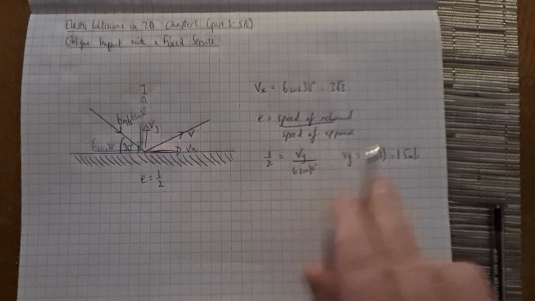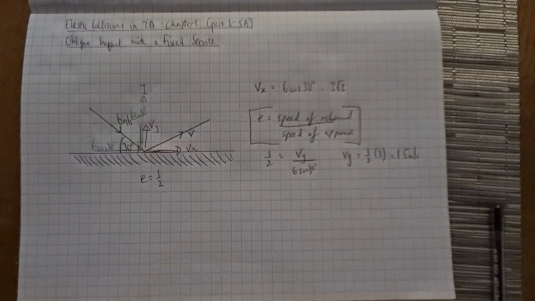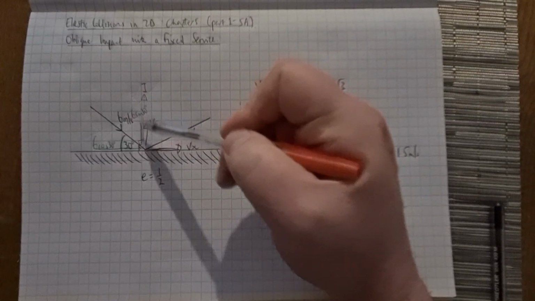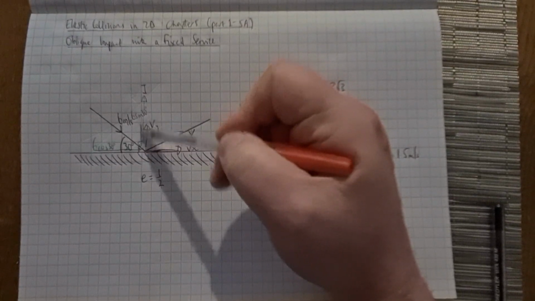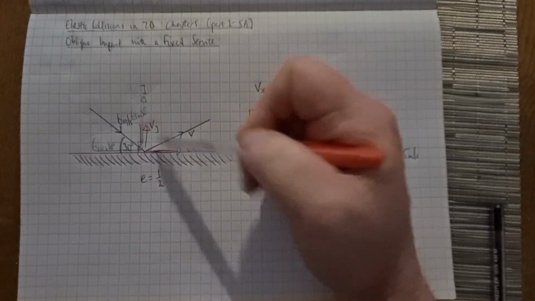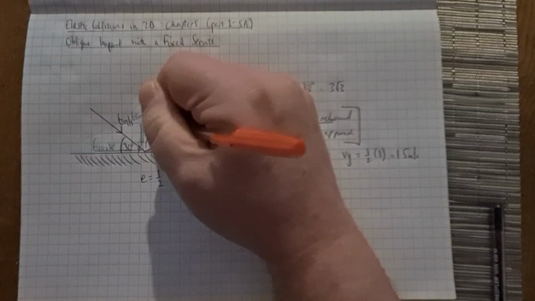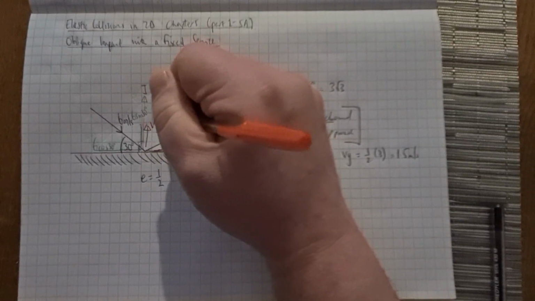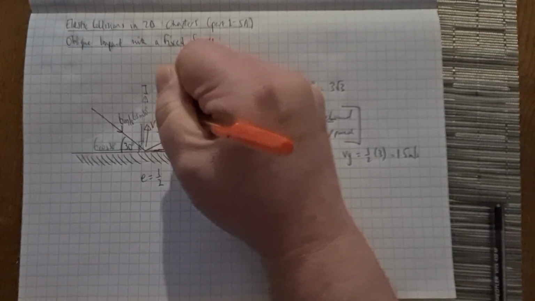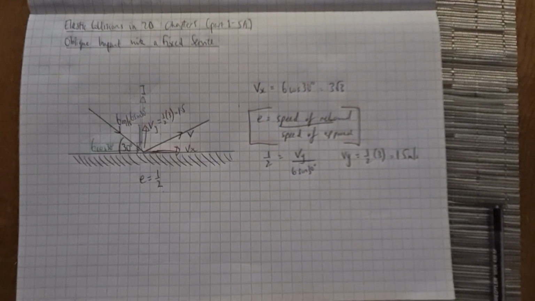Although I've done the full working there, just to remind you of the formula we used in chapter 4: if I know that the speed going into the plane is 3 and the coefficient of restitution is 1/2, then coming back the other way, we can say straight away that the vertical component of v is 1/2 of 3, so 3/2 or 1.5 as we just said.